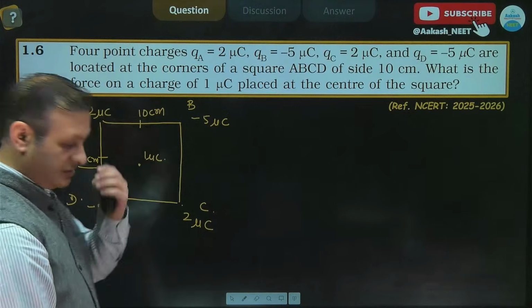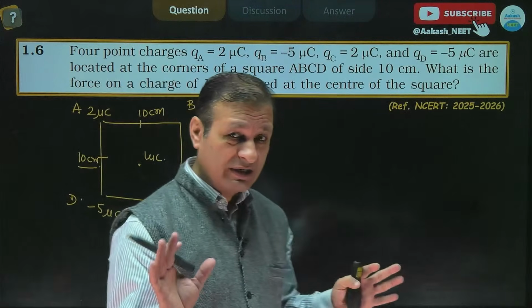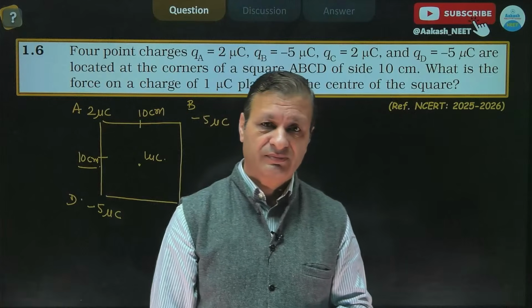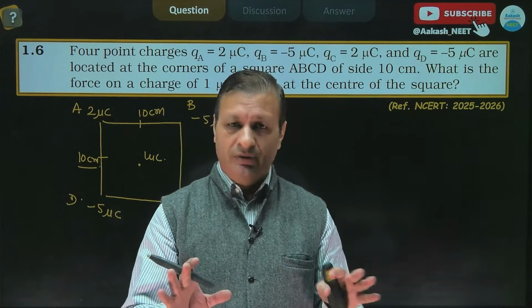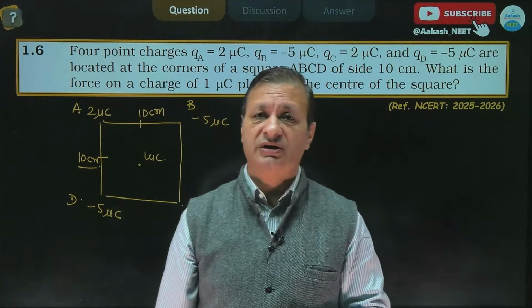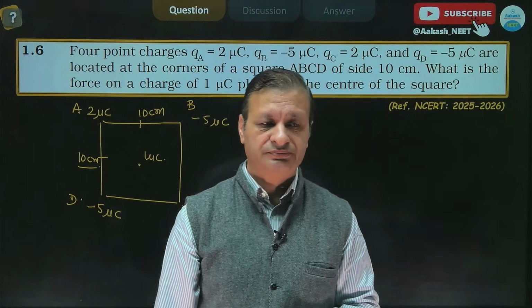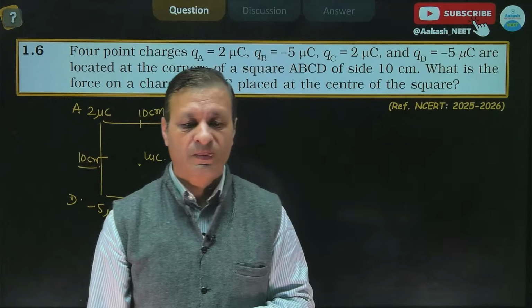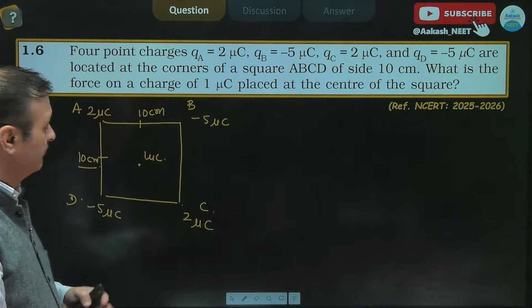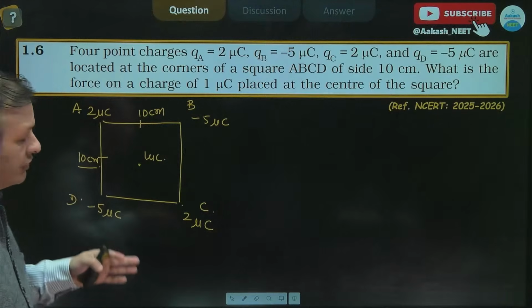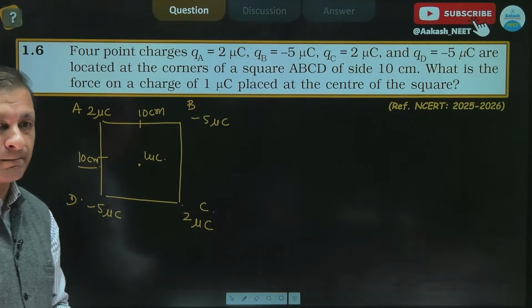Now first, is this a symmetrical configuration? Is this a pure symmetrical configuration? The answer is no, because the charges are different. Then how will you find out the net force? This seems to be a symmetrical configuration because there is a square.